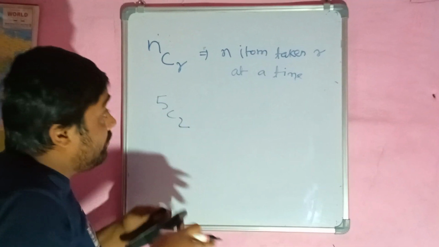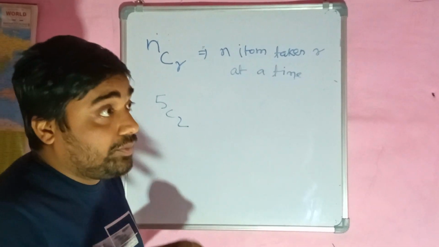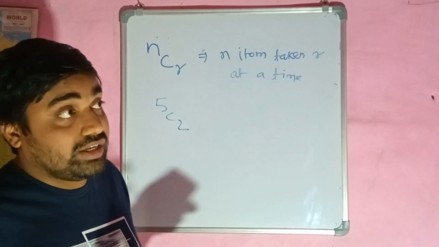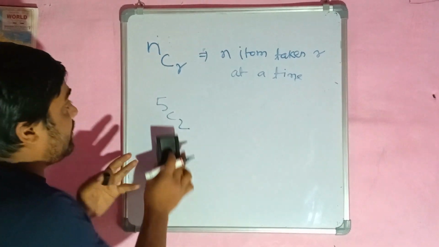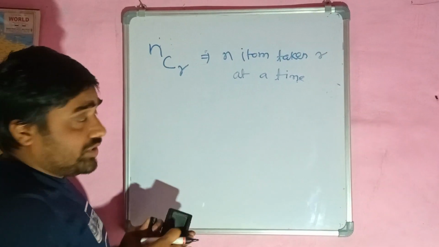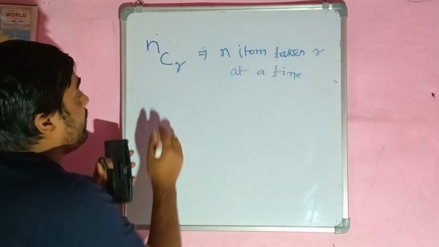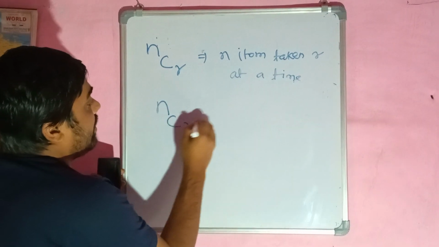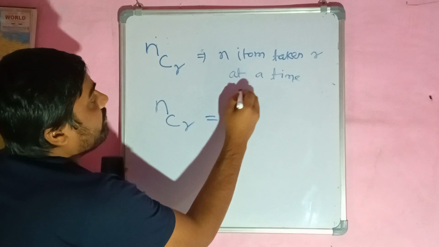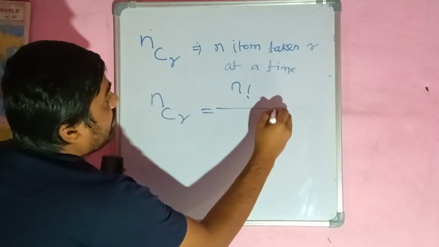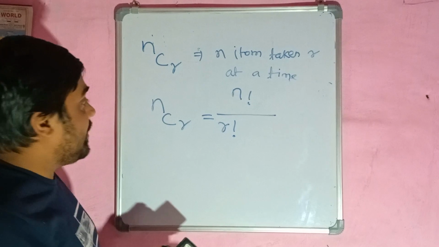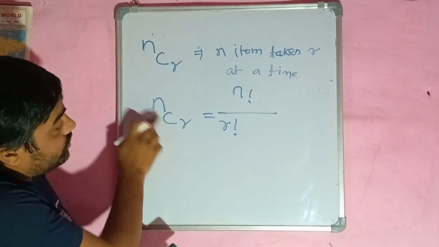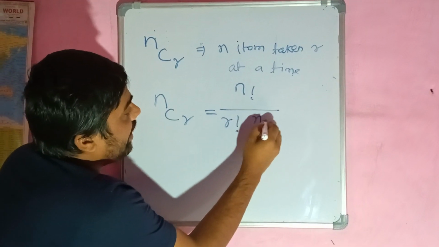If I teach you permutation and combination, then I'll make all the things very clear. So nCr is equal to n factorial divided by r factorial, and then you take the difference of these two, (n minus r) factorial.